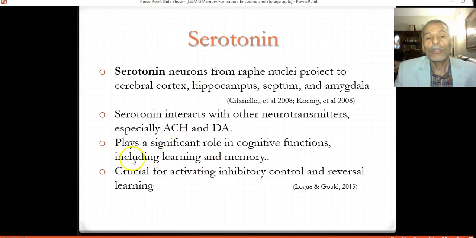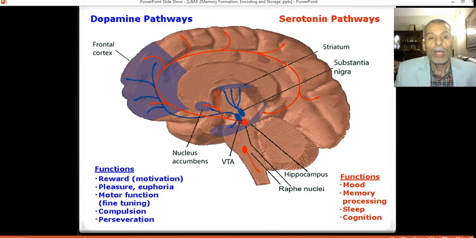Serotonin plays a significant role in cognitive functions, including learning and memory. It is critical for activating your inhibitory control, your inhibition, and also reversal learning. Reversal learning is very important for analyzing and processing new information.